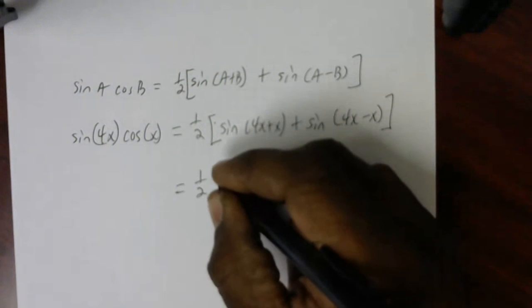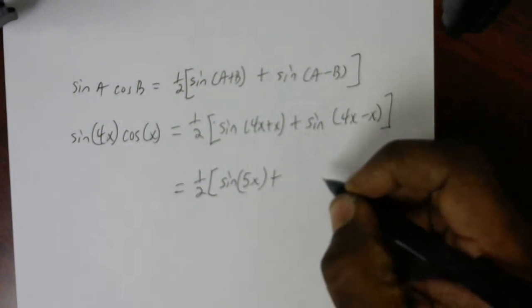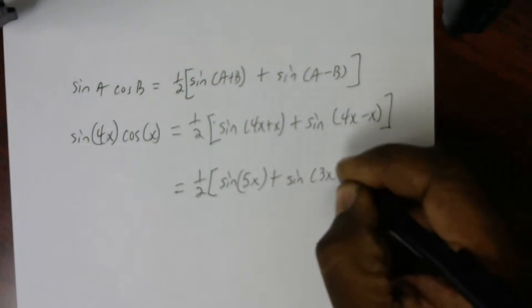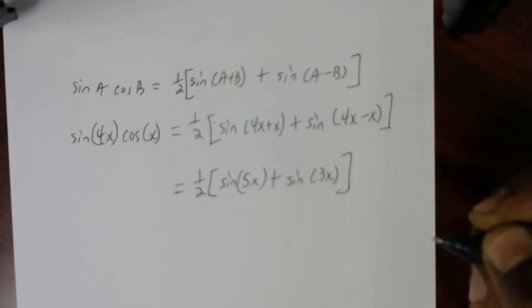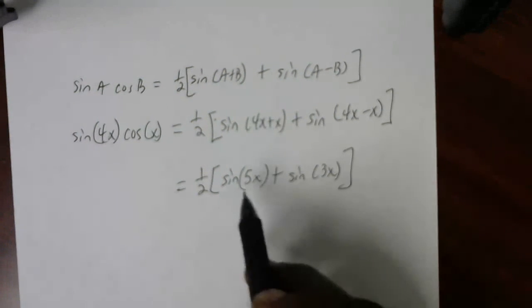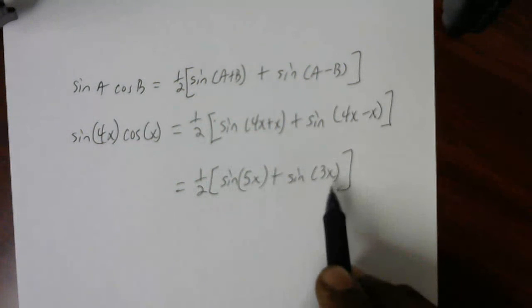So this becomes 1/2 times the sine of 5x plus the sine of 3x. All right, so this is what we're going to substitute in our integral.